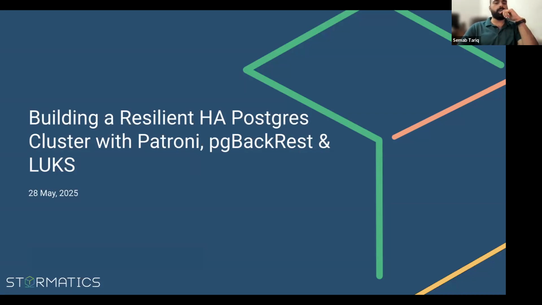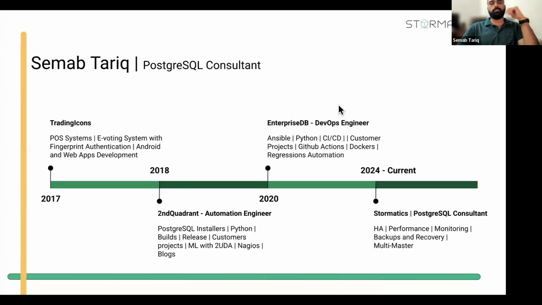Before we actually get started, first thing first, and that is introduction. So yeah, of course, my name is Semab Tariq, and I work as a Postgres consultant at Stormatics. My initial journey with Postgres started back in 2018. This is when I joined Second Quadrant as automation engineer, and I used to work on Postgres community installers and CUDA installers at Second Quadrant.